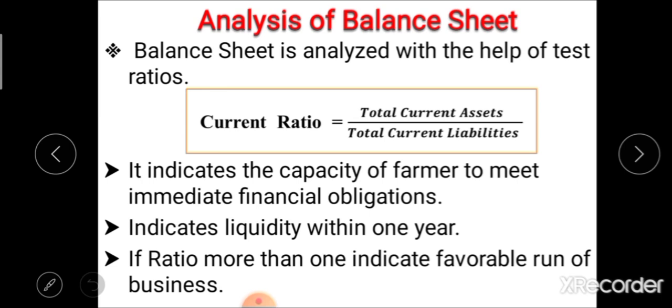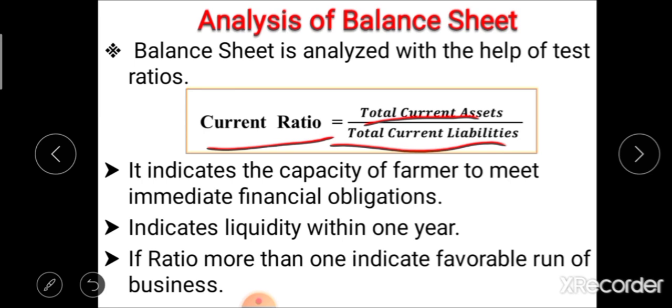After this position, the next one is analysis of balance sheet. The balance sheet can be analyzed with the help of different test ratios, which we will see one by one. The first ratio is the current ratio. The formula for current ratio is total current assets divided by total current liability.